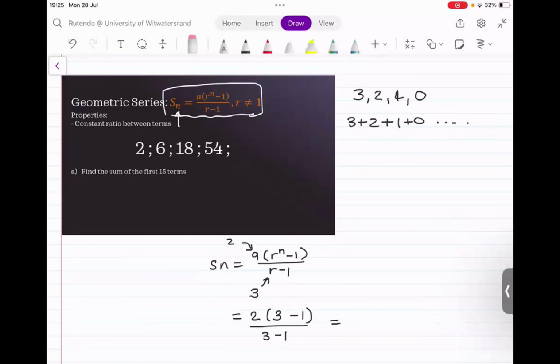Because they've given us that they want it to be 15. And so the sum of our first 15 terms is going to be 2 times (3 to the power of 15 minus 1), and then all of this divided by 2. So you should get 14348906.